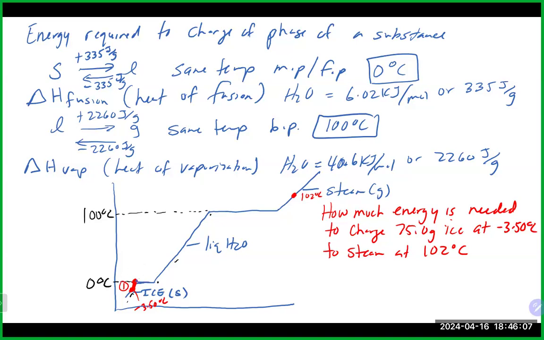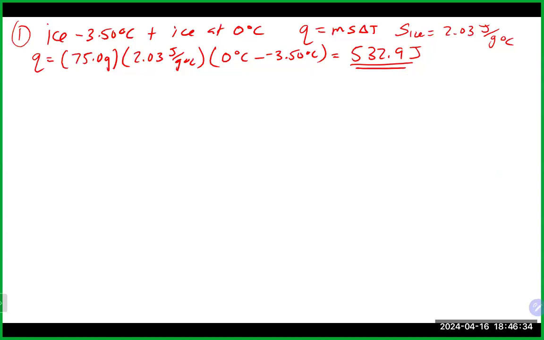So the next step is actually this transition right here, and that is a phase change, our solid to liquid phase change where we use the delta H of fusion. This is a part where the temperature doesn't change, but the phase changes. So if the temperature doesn't change and the phase changes, you do need to use something like the delta H of fusion in this case. So that is the next part of the process here.